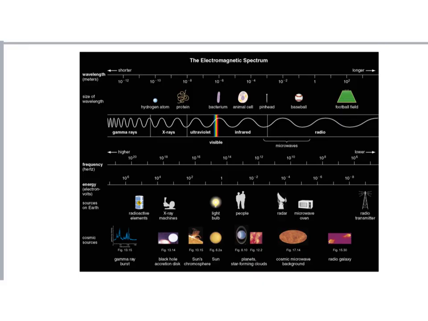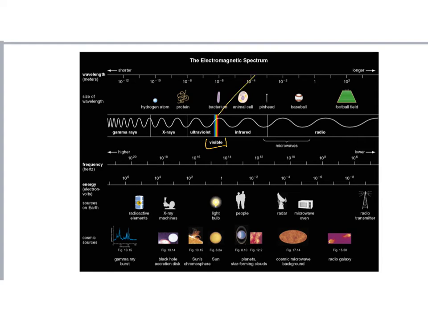So we know now that there are many types of light, right? So there is the visible type our eyes are sensitive to, and then there are various wavelengths or frequencies or energies associated with them, right?